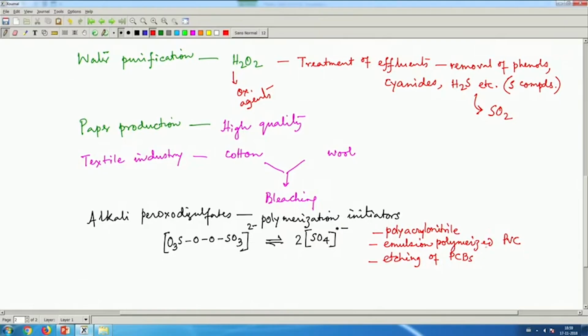We know that these printed circuit boards have copper deposition, the metallic copper deposition on them. So, etching of that copper in the printed circuit boards can be achieved through the use of these alkali peroxo disulfates.